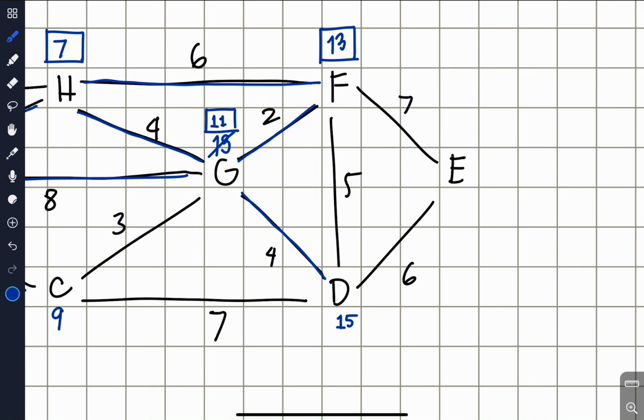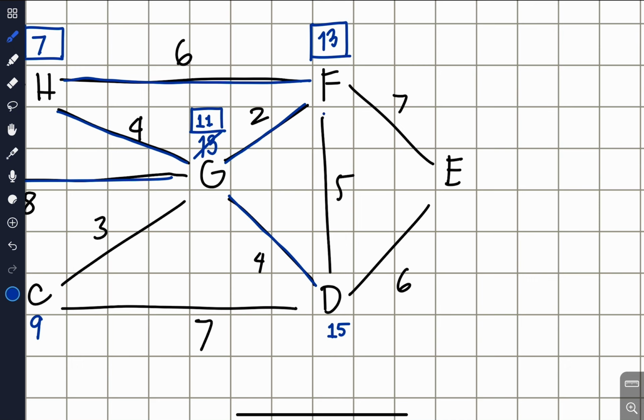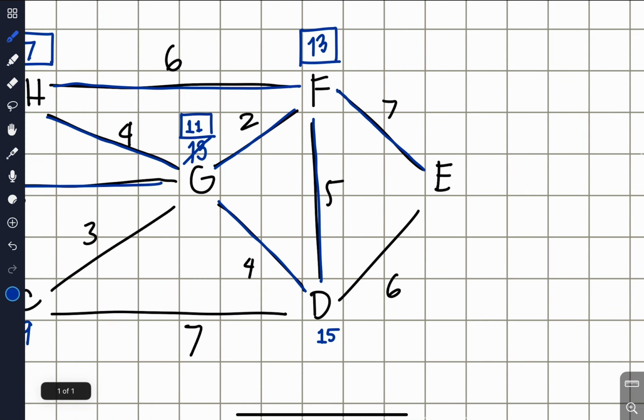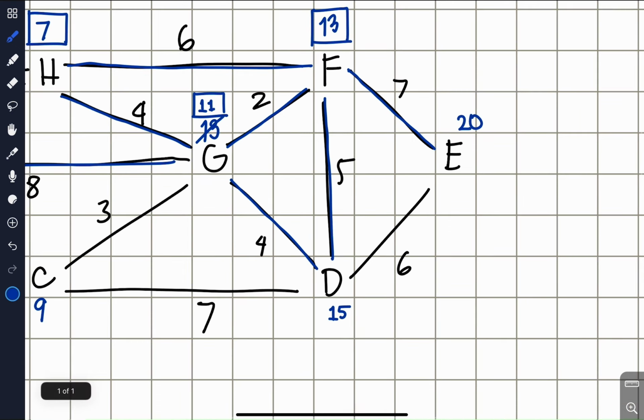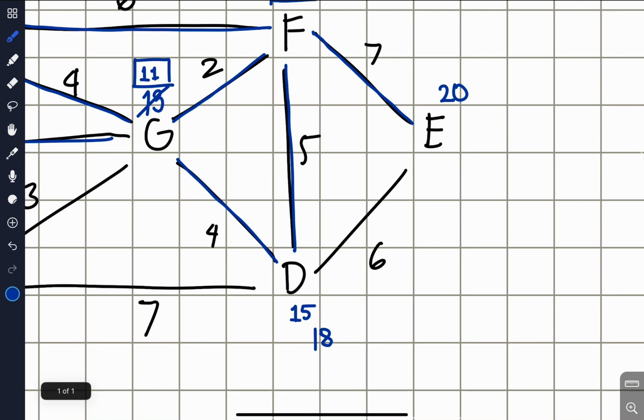Next, we consider the distances from 13 or F. So from F to D, then from F to E. From F to E, we have 20. 13 plus 7 is 20. Next, from F to D, we have 18. We cross out this distance.